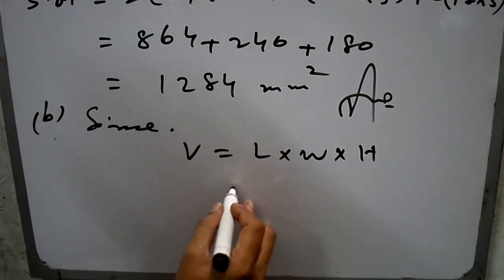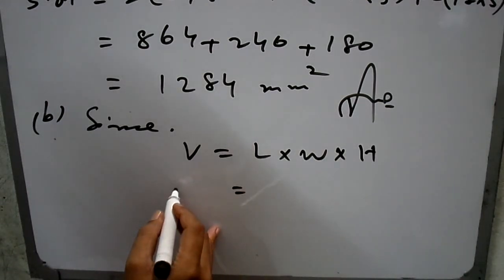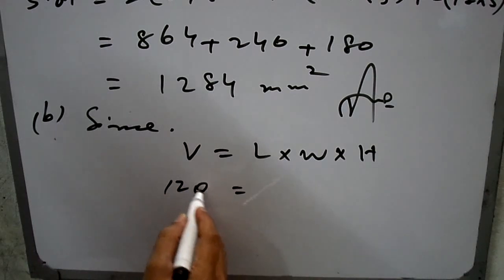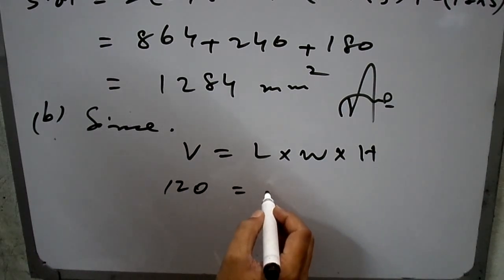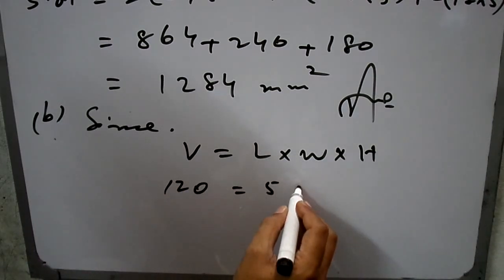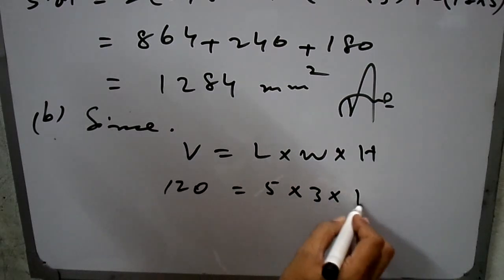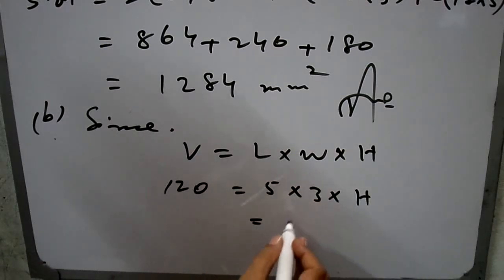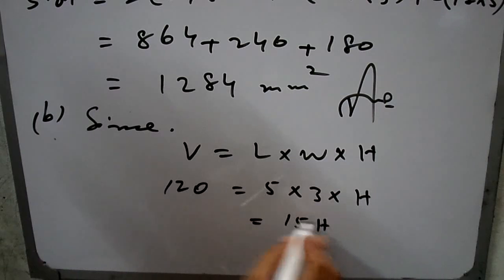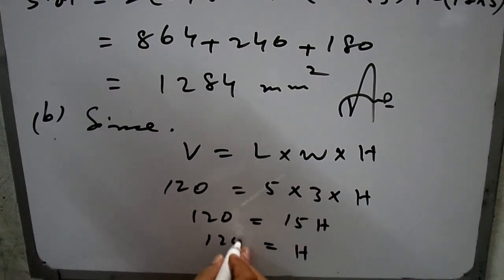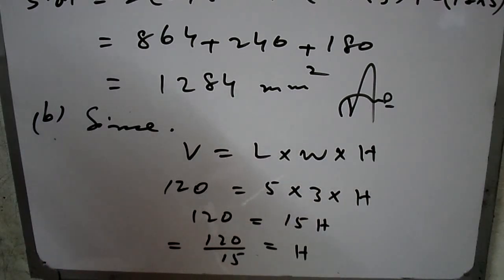If we have to find the height, the volume is given to you, that is 120 centimeter cube, length is 5, width is 3, and we have to find h. So very simple, that is 15h equals 120. You need the value of h. Okay, 120 divided by 15, so the result is 8. So 8 centimeter is your height.